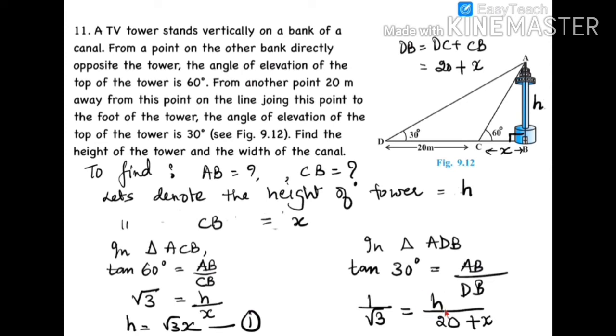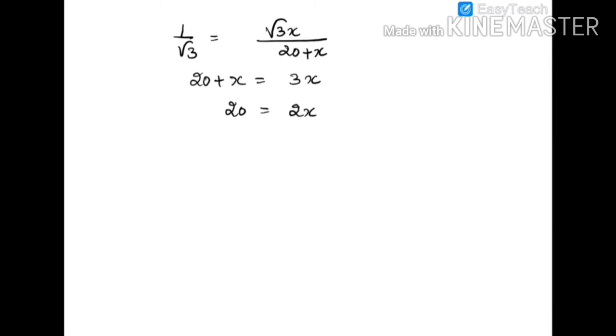Now we are going to substitute h from the result that we have obtained in the previous triangle, h as root 3 x. So we get 1 upon root 3 equal to root 3 x divided by 20 plus x. Now we cross multiply, so we get 20 plus x equal to 3 times x. Carry this x to the right hand side. We get 20 equal to 2x, or x equal to 10 meters.